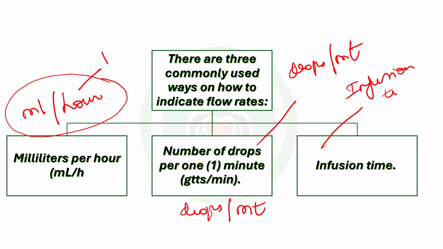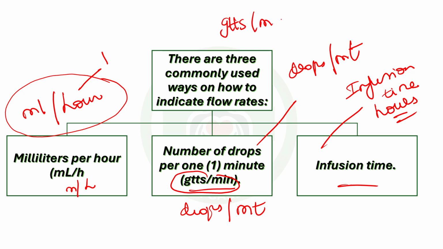What is the meaning of infusion time? Infusion time is in how many hours we are going to administer the medication. Understood? So first is ml per hour, second is drops per minute, third is infusion time. Drops per minute we can also write as GTTS per minute. What is the meaning of GTT? GTT means drops.